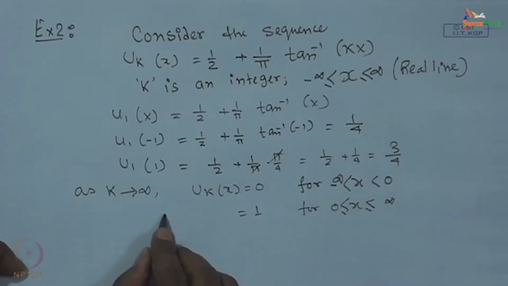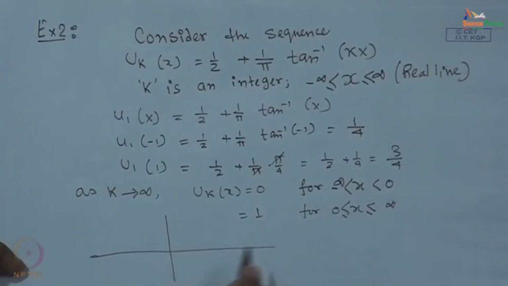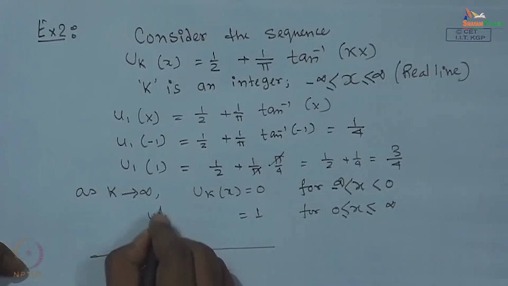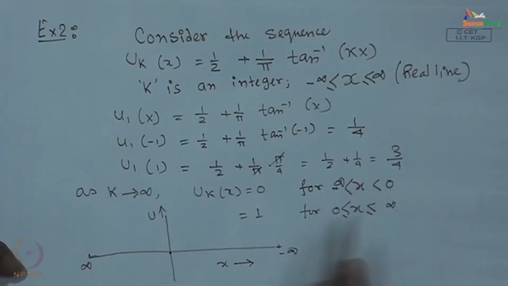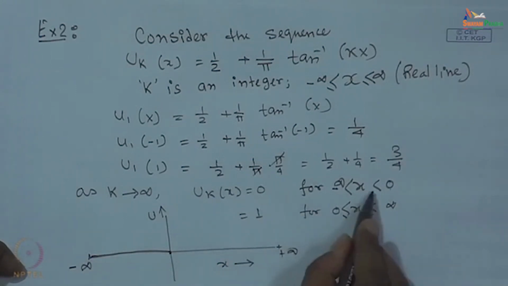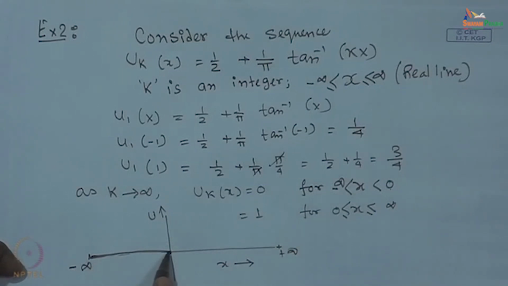So, if we plot this sequence, with u in this direction and x in this direction, we have minus infinity here and plus infinity here. From minus infinity to 0, u is equal to 0, so you will have the value superposing on the x axis. On the other hand, for x from 0 to infinity, we have the value of u as 1 here.